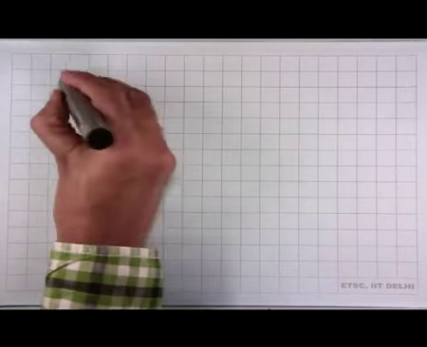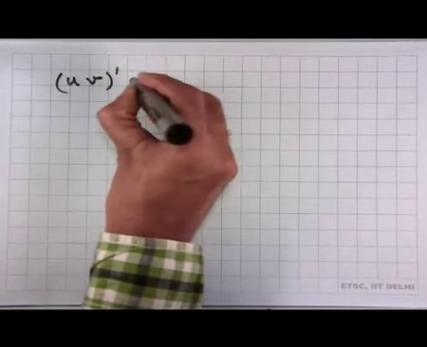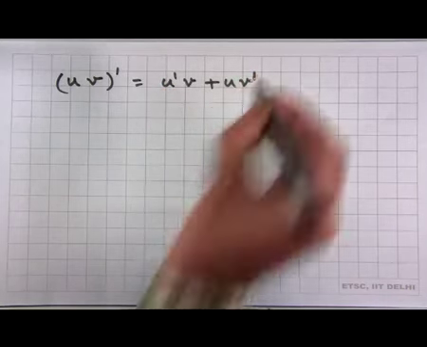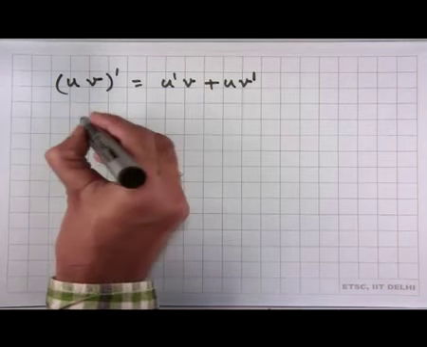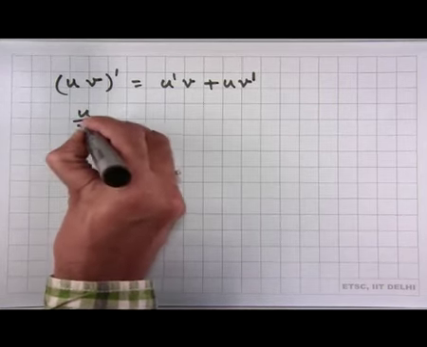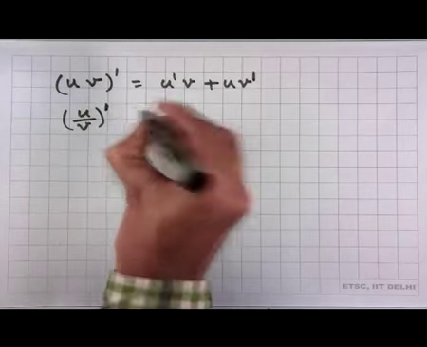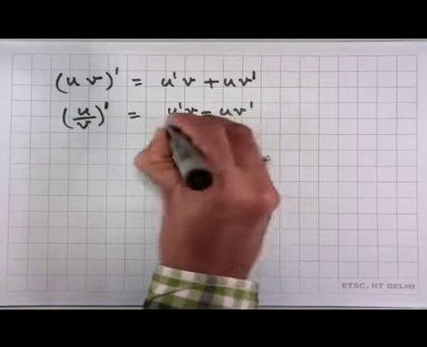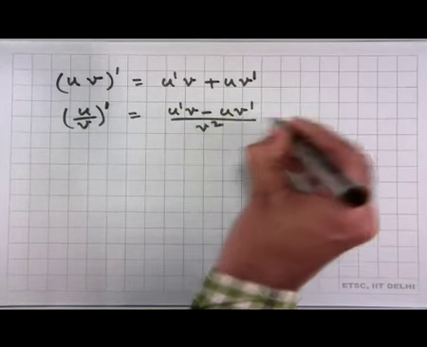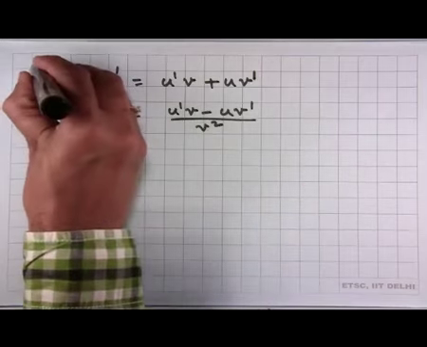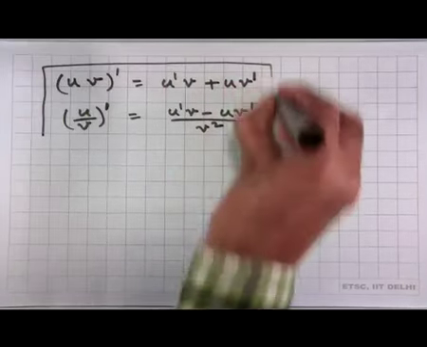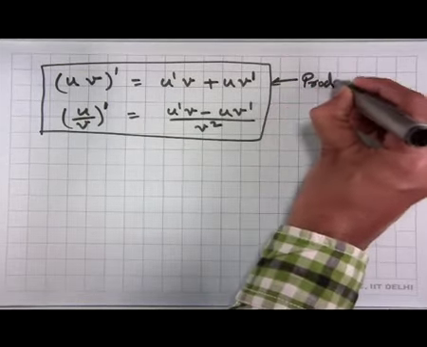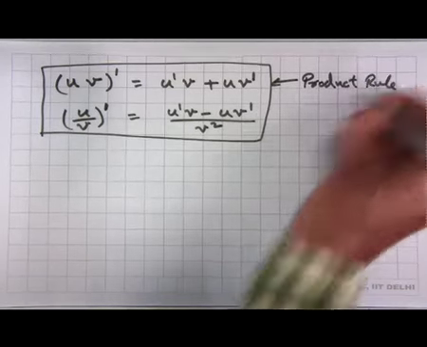If these are two functions, then the derivative of u v is u prime times v plus u v prime, and the quotient rule is, if I have u by v, the derivative is equal to u prime v minus u v prime divided by v square. This is the product rule. And this is the quotient rule.